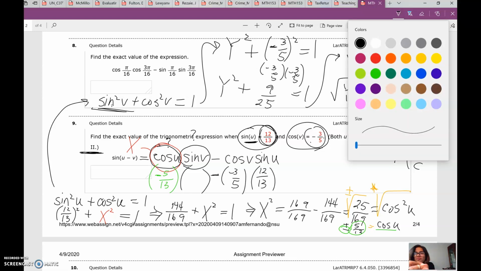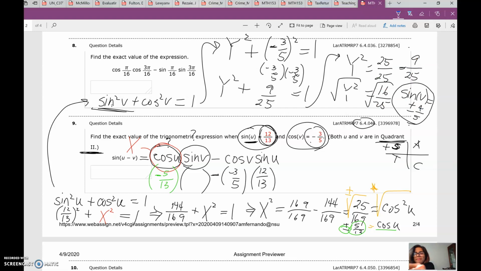How do we know which one to choose? Well, we're in the second quadrant. Sine is positive in quadrant 2. That means we're going to go with plus 4/5, and we're going to put the plus 4/5 in there. So the key to this is you really need 4 items.